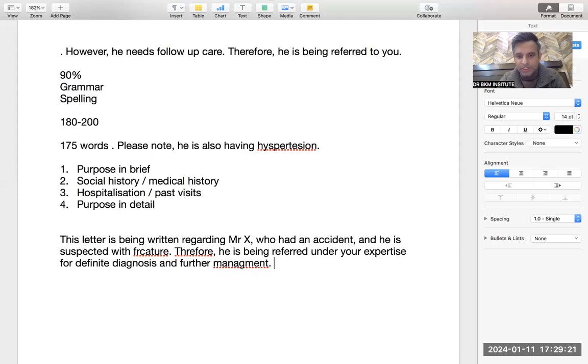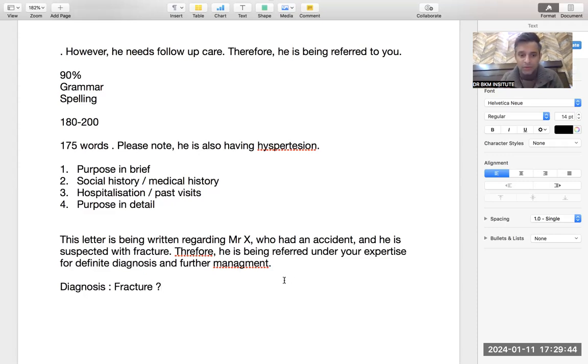For the students who are listening to the writing video for the first time, they must be wondering, how can we use the word suspected? Where should we use the word diagnosis? It would be given. If in the OET examination question paper it is given diagnosis: fracture, question mark, that means the patient is suspected with fracture.